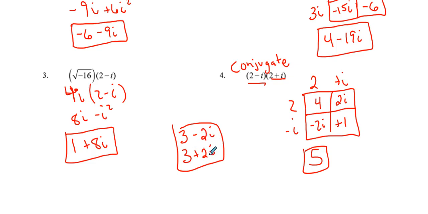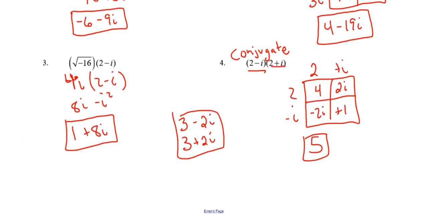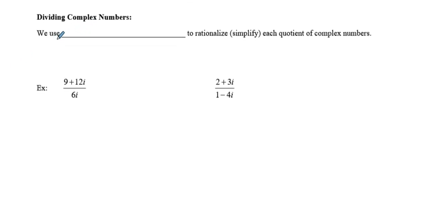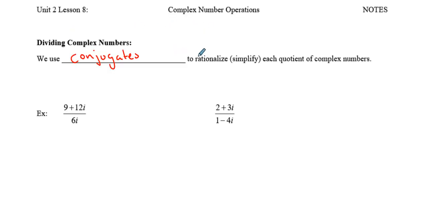If I multiplied them together, I would get a real number. So this is very important for our next operation here, which is dividing complex numbers. When we divide complex numbers, we use conjugates to rationalize or simplify each quotient of complex numbers.